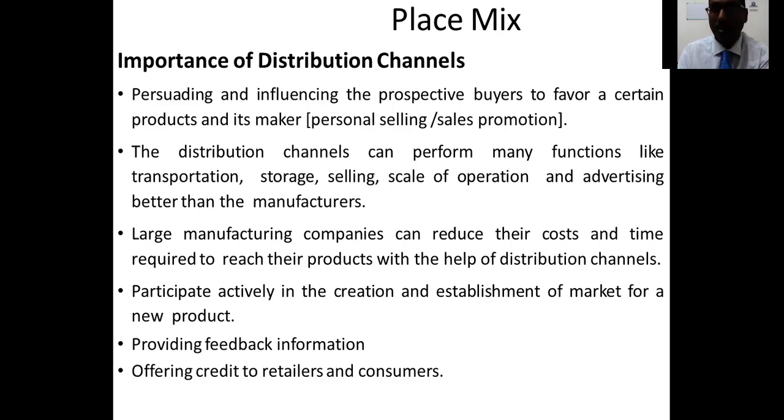They can also make advertisements and increase the sales of the product. Large manufacturing companies can reduce their costs and time required to reach the products with the help of distribution channels. So the distributors help manufacturers, especially those manufacturing on a large scale, to take the product and reach their customers.